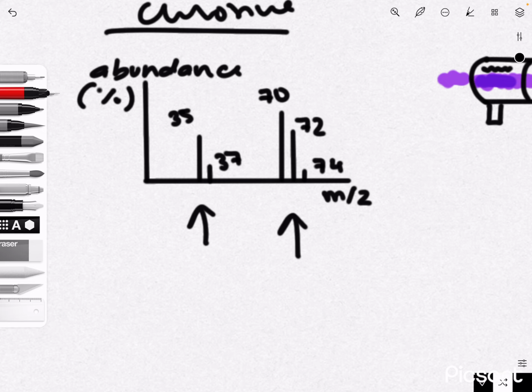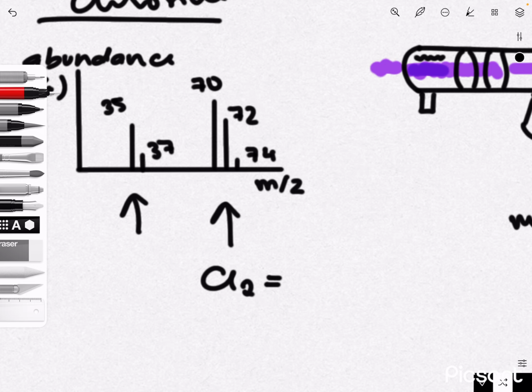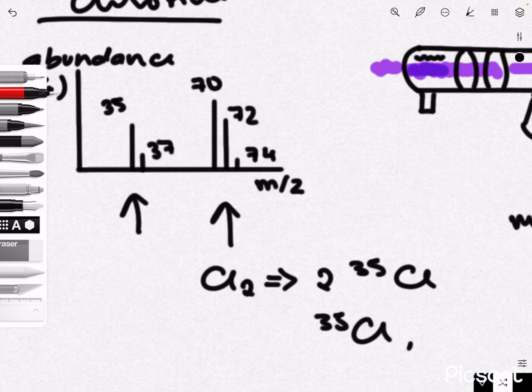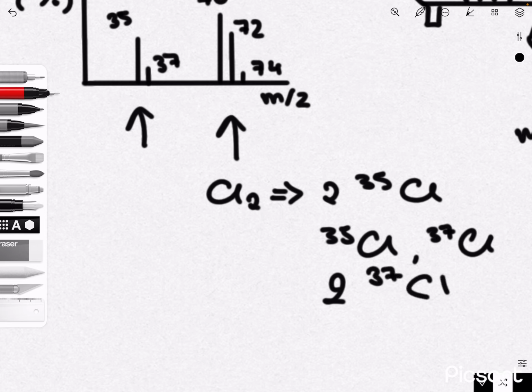So our peak at 70 here, we can infer is a diatomic molecule of chlorine that is made of two chlorine-35 atoms. Our peak at 72 would be made of one chlorine-35 and one chlorine-37. And finally, the peak at 74 would just be two chlorine-37s.